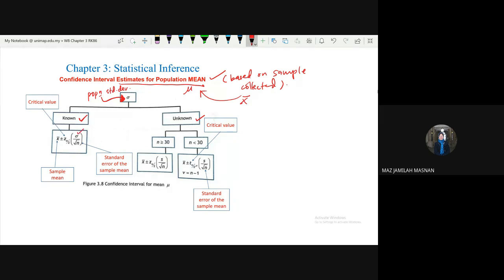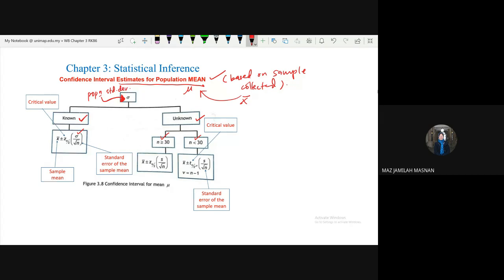If you are not given sigma in the question, there will be two conditions that you need to look into. The first condition is if n is greater than 30, and the other is if your n is less than 30.